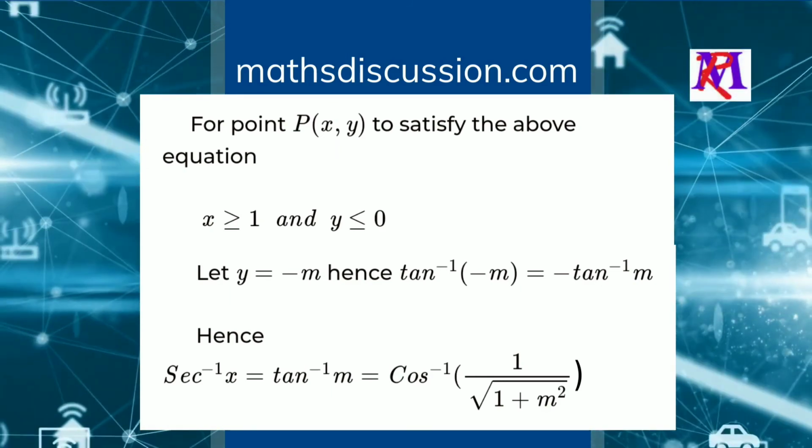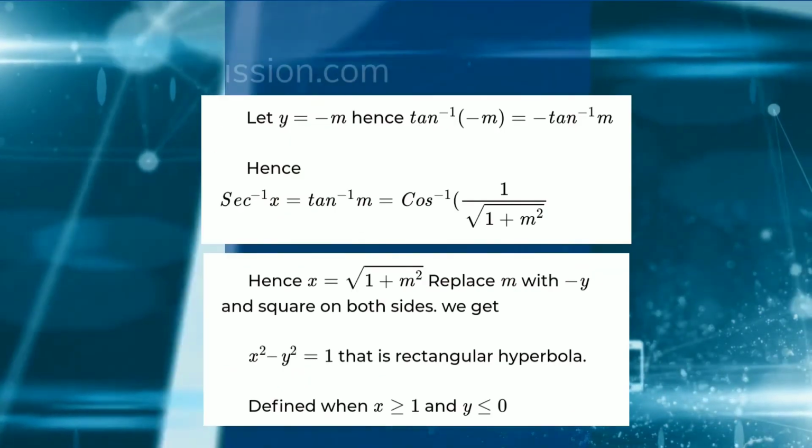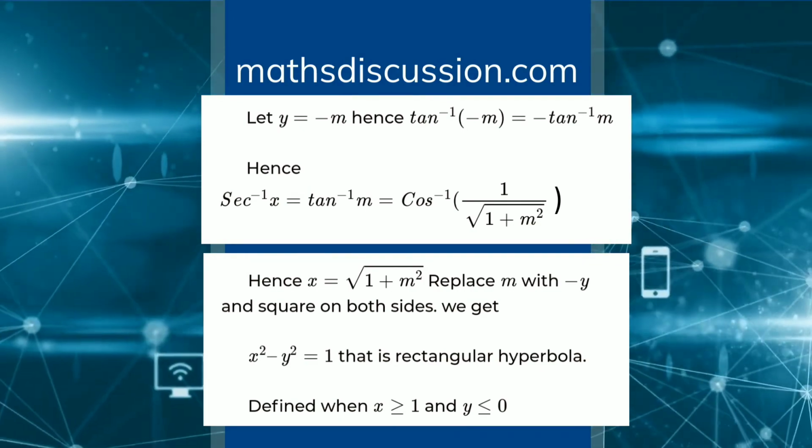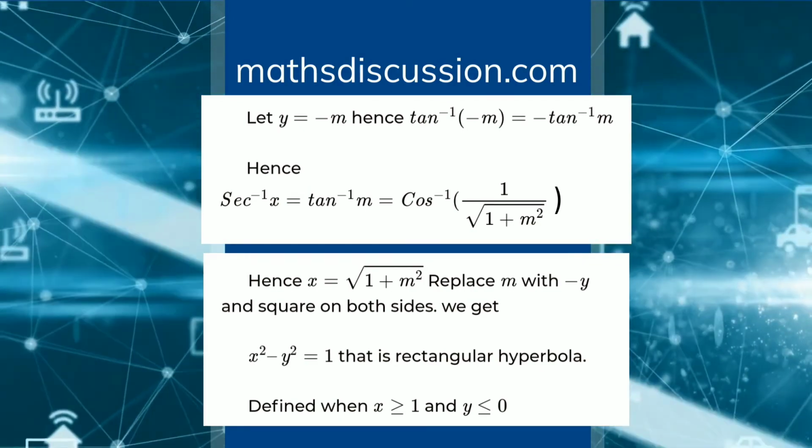Therefore, tan inverse of y will be tan inverse of minus m. That in turn can be written as minus tan inverse of m. Hence the given expression becomes secant inverse of x is equal to tan inverse of m. That in turn can be written as cos inverse of 1 upon square root of 1 plus m squared. Also we know that secant inverse of x is equal to cos inverse of 1 by x.